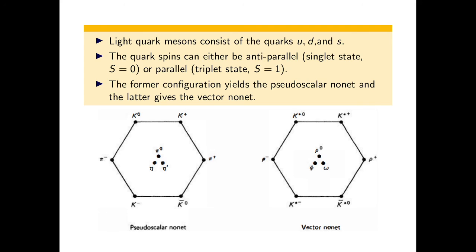And vector mesons mean that the parity is odd and the spin is 1. Parity has already been discussed by Rishi during the last lecture, so we'll skip that for now. Down below, you can see the pseudoscalar nonet and the vector nonet, which show all the light quark mesons in it. Next slide.